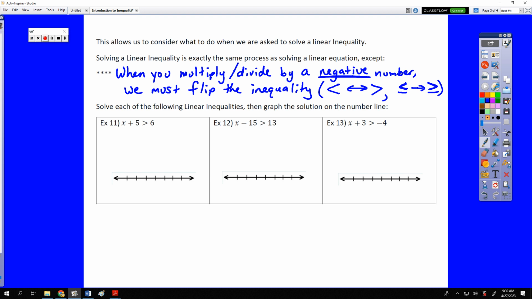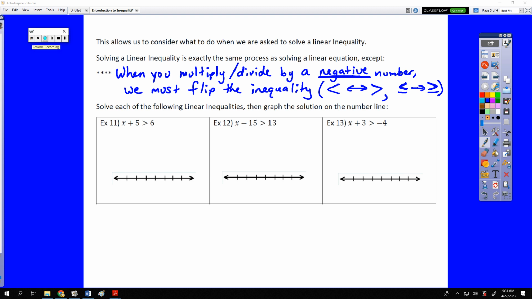Now the other major difference is that when we finish solving, we're going to have to graph our solution on a number line. Okay? So those are our two differences between solving inequalities and solving equations. Okay. So get that written down and then we can start through these last couple of examples.